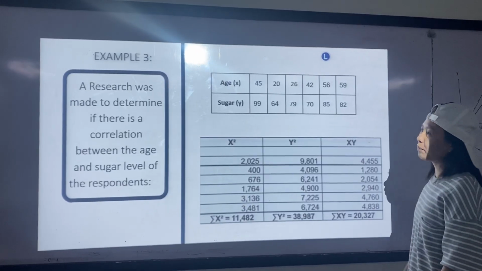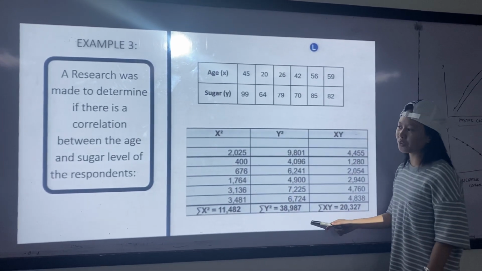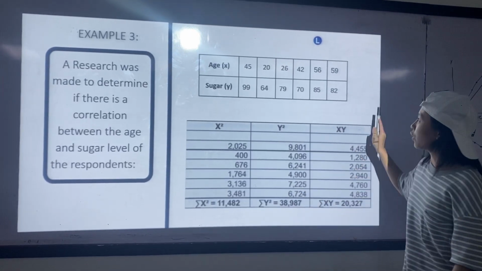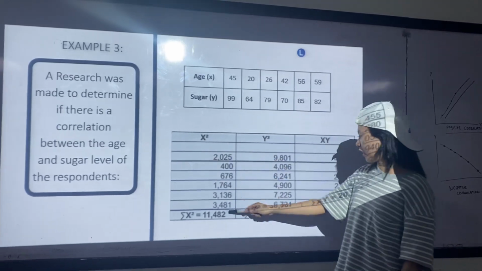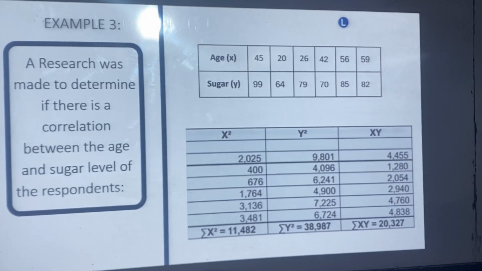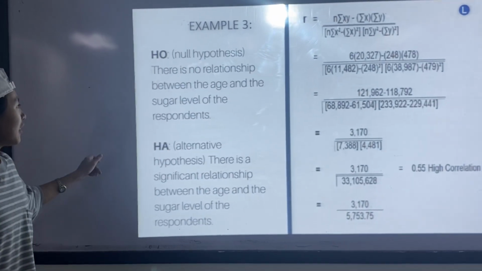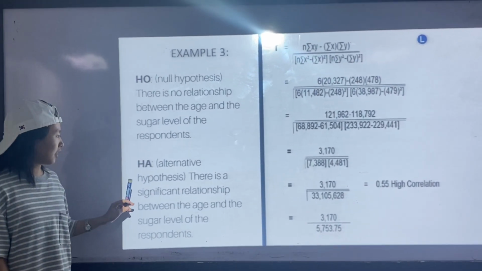So, another example: the research was made to determine if there is a relation between the age and the sugar level of respondents. So, I only have the given data and the completed data. The null hypothesis: there is no relationship between the age and the sugar level of respondents.